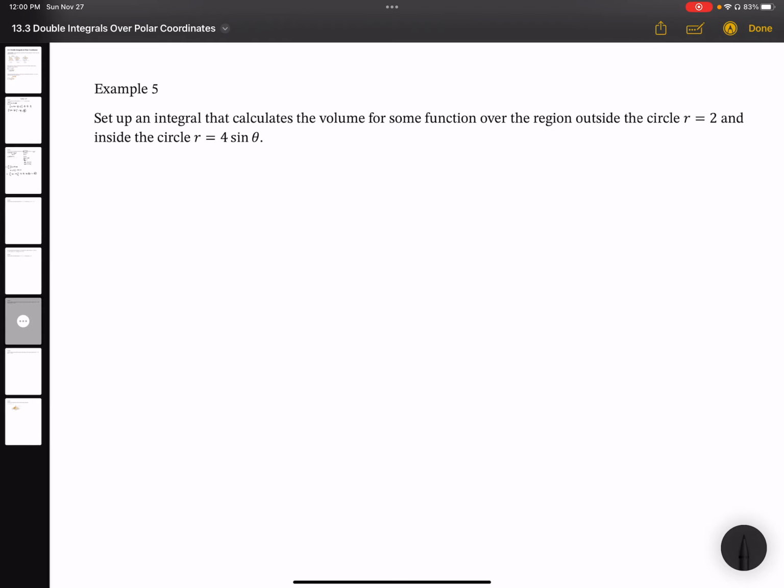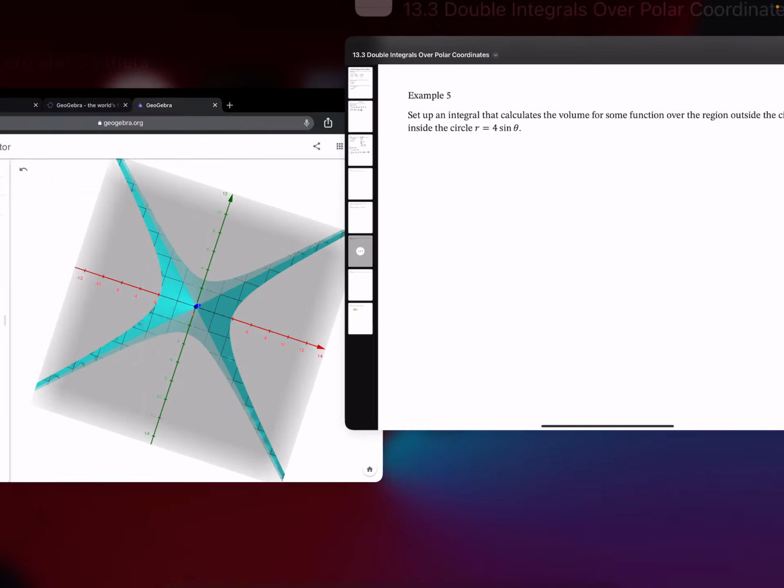All right, so a quick review of some other stuff for polar coordinates. Generally the function isn't the problem, it's the region and finding the limits for integration that we want to concern ourselves with. Let's hop over to Desmos this time.